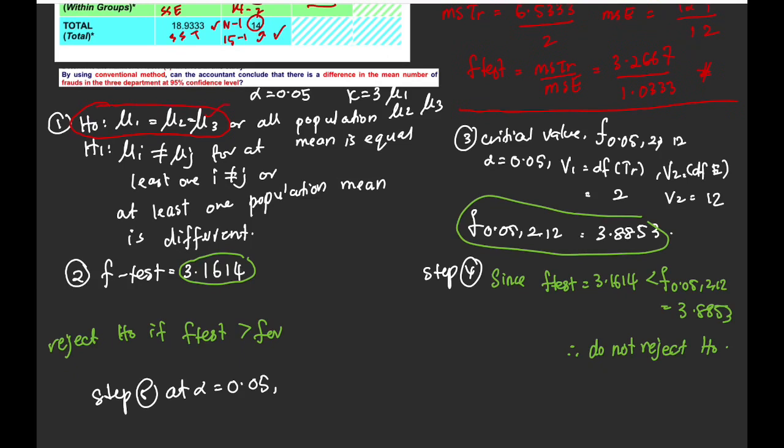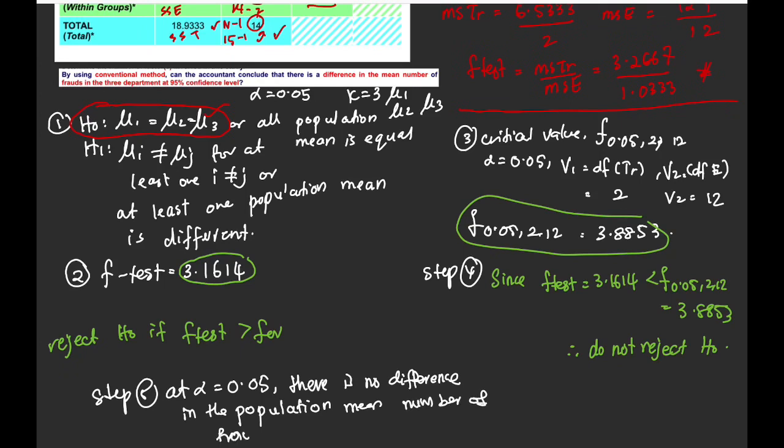At alpha 0.05, there is no difference in the population mean number of frauds in the 3 departments.